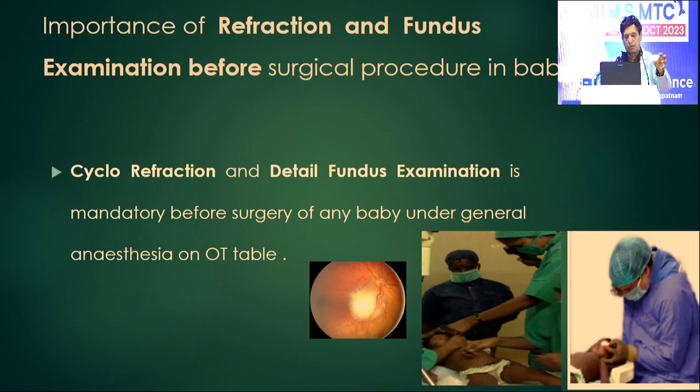So always perform a refraction. That refraction will give you the exact number of glasses post-operatively, which you cannot get in babies. So these two things you must perform before performing the surgery, on the table. Take the advantage of the anesthesia. Okay?